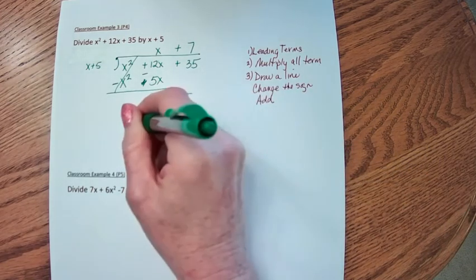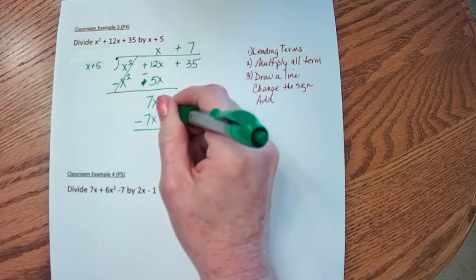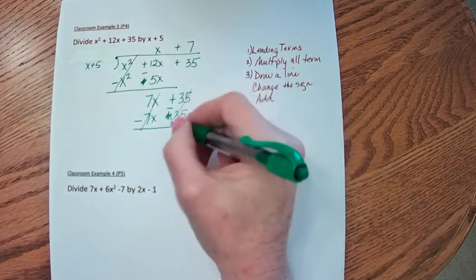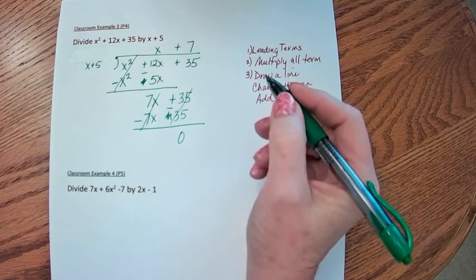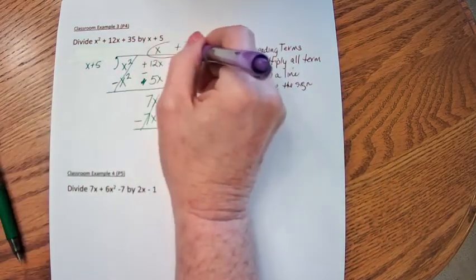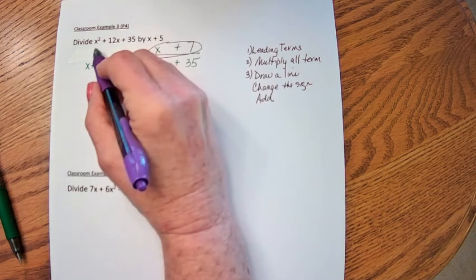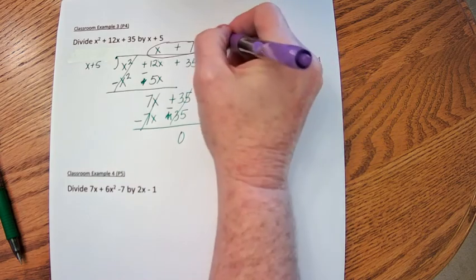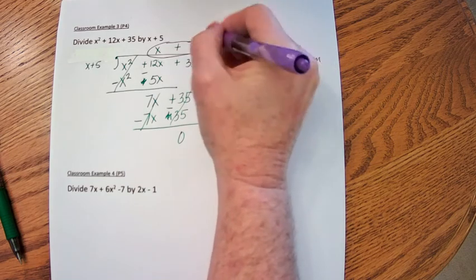Draw a line. Change the signs and add. Those cancel, and you know what? Those cancel too, so I have a remainder of 0. And so this is your answer. This is your quotient. What is x squared plus 12x plus 35 divided by x plus 5? The answer is x plus 7.